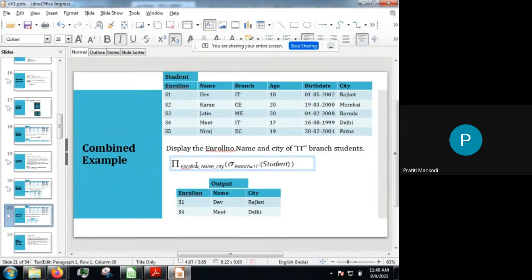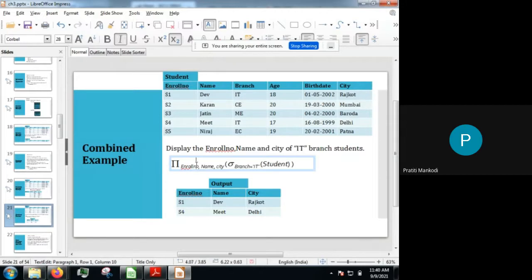Correct? Obviously, which will be executed first? Inner, of course inner. If you have 4 plus 5 into 3 is equal to what? What will be evaluated first? The inner bracket, right? Similarly, when you are having inner queries, the innermost query will be evaluated.